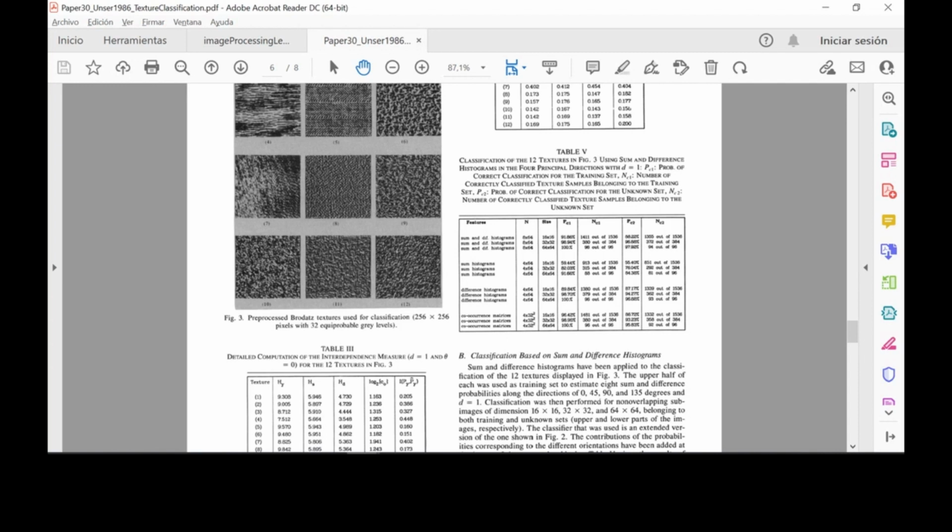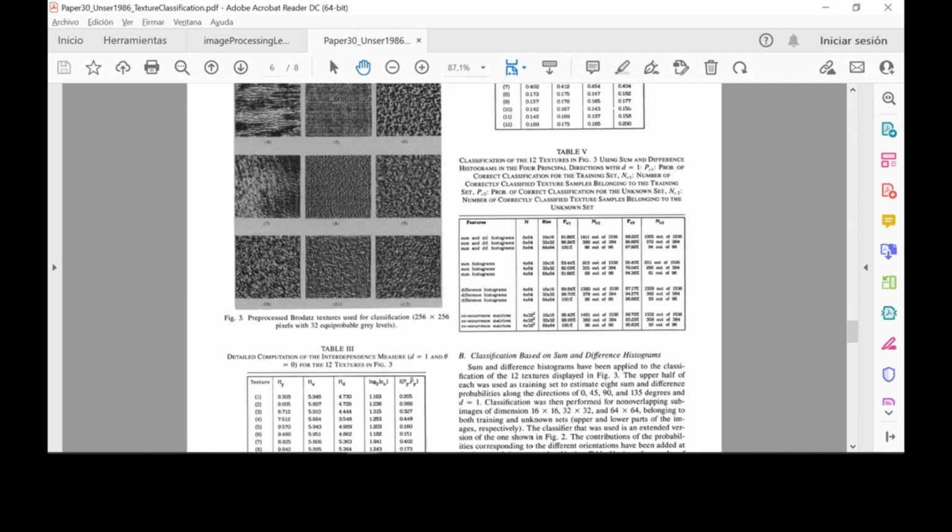And this is using the sum and the difference histograms, using only the sum, using only the difference, and using the covariance matrices. Using the covariance matrices, they are better. For instance, for small patches, they classify 96%, while the sum histogram is only 59, or this one is only 89.